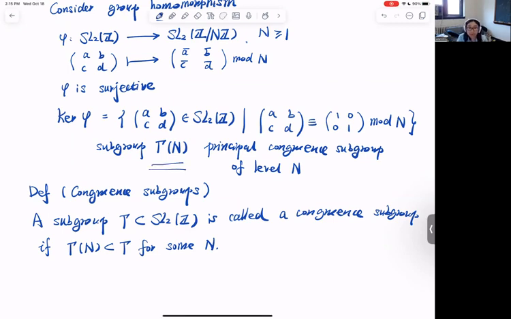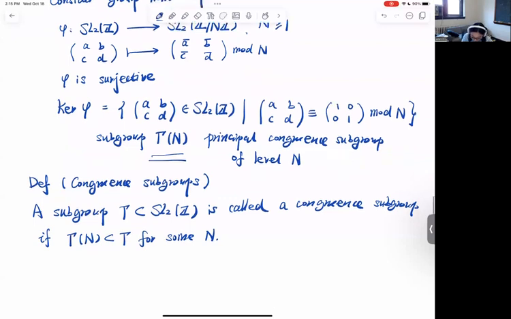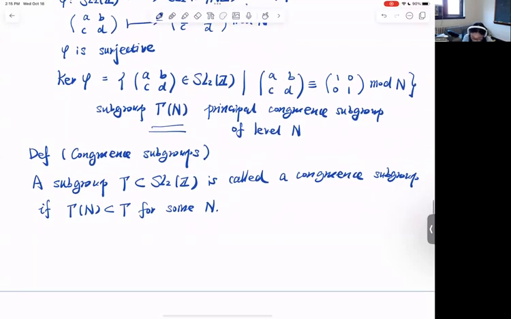This is a finite index subgroup of SL2Z, and you can explicitly compute the index of gamma of n inside SL2Z. You'll see that this index grows with respect to capital N. So if I give you any subgroup gamma, when capital N is large enough, can I find a gamma of n inside this gamma?